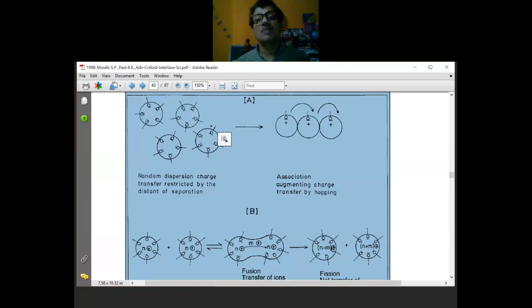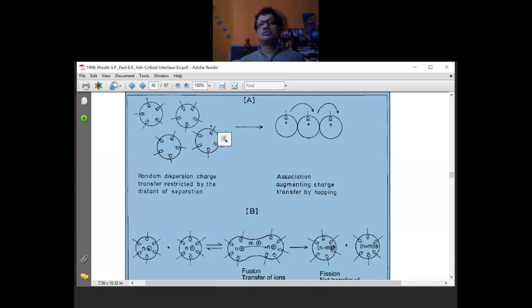Because the hydrated diameter of the lithium ion is bigger than that of sodium. So the hydrodynamic diameter of the sodium ion is smaller than lithium because the charge density of lithium is higher than sodium. Both carry the same charge, but the size is smaller in lithium, so charge density is higher.